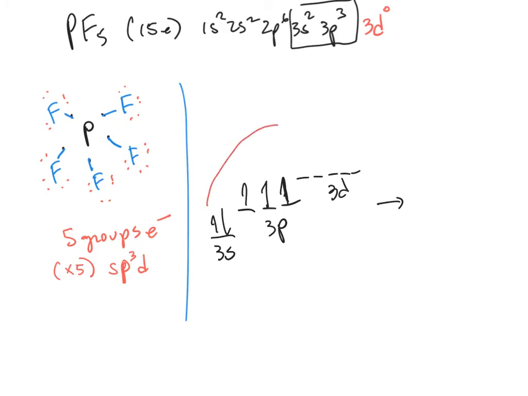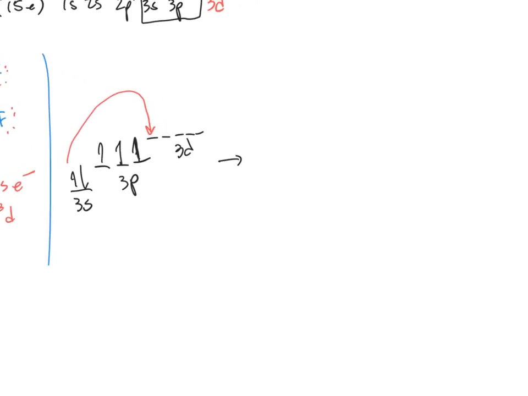You've got to put 1 electron into the d, because that's going to be part of the hybridization. So for this promotion step, include it. And you have s, p, and d. 1, 2, 3, 4, 5. So you've got all single bonds, so it's going to be 1 electron in each one of those.